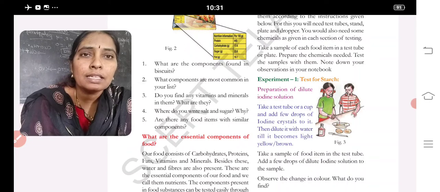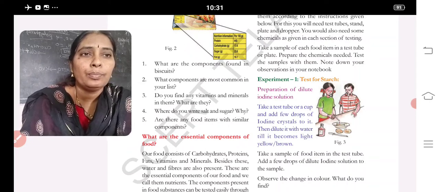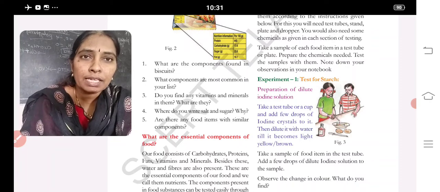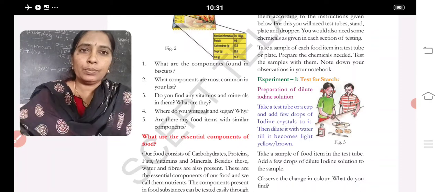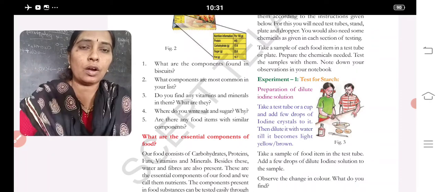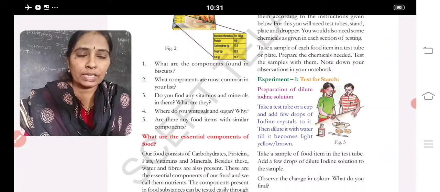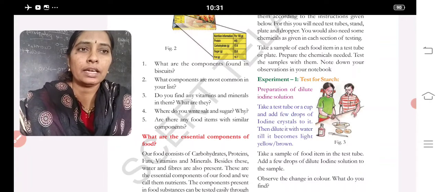Now let us discuss the presence of starch. Preparation of a dilute iodine solution. To test whether starch is present in any food item or not, you take an iodine crystal and dilute it in water. When it is diluted in water, how will you understand the solution is ready? It becomes light brown or yellow.